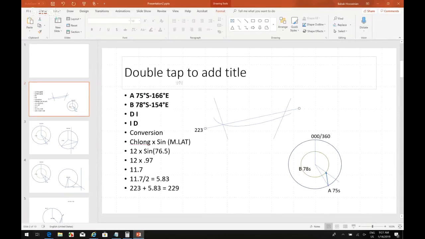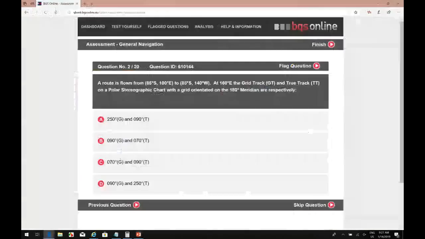Midway it would be 090, and midway would be 100 plus 140, so 40 plus 80, 120. Half of 120, 60. So 160. So halfway, I'd expect the true track to be 090.